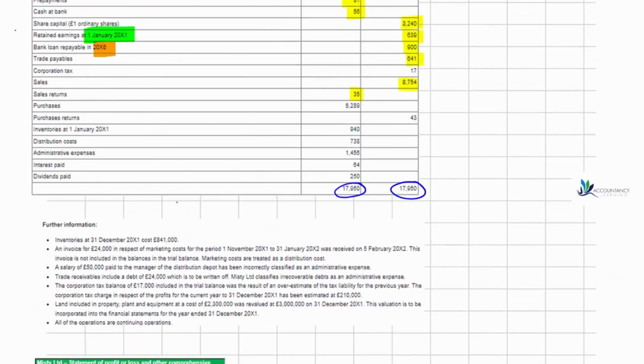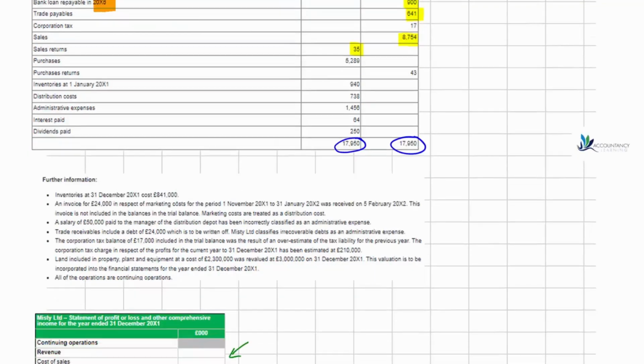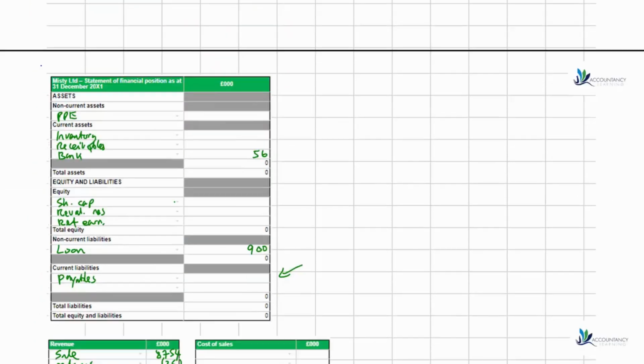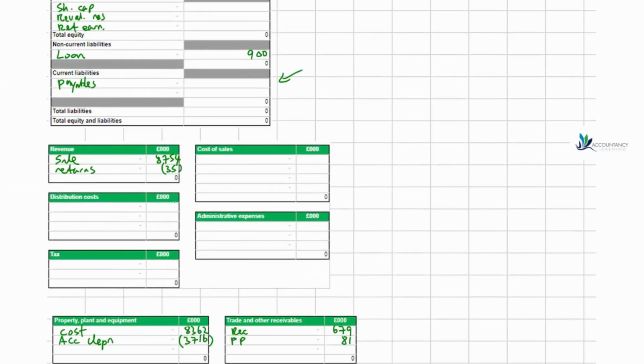Next we have our purchases. So purchases are part of our cost of sales. So let's put that number into our cost of sales working. So remember, cost of sales is going to form opening inventory, and then we add on purchases, and then we're going to be deducting our closing inventory. So we've been given our purchases here of 5289.